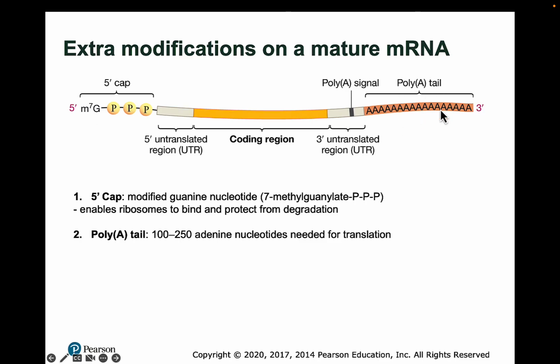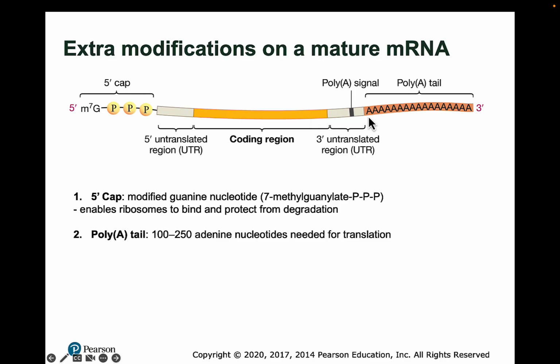The other part here is this poly-A signal, right? So this poly-A signal is in what we call the untranslated region. This isn't actually part of what will make the protein. So this poly-A signal is what signals for termination. And it's also going to signal for the addition of a poly-A tail.